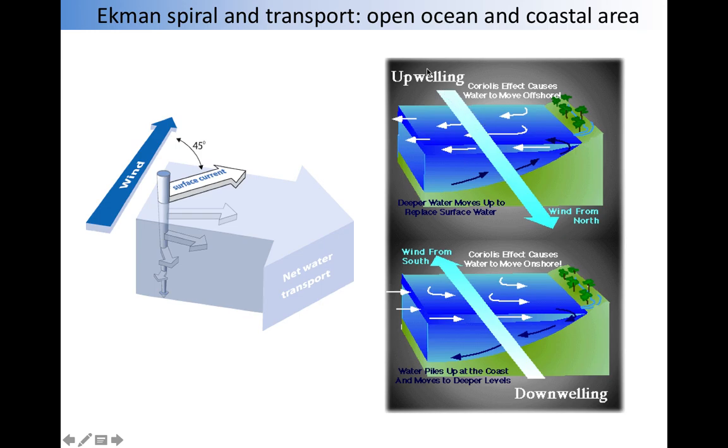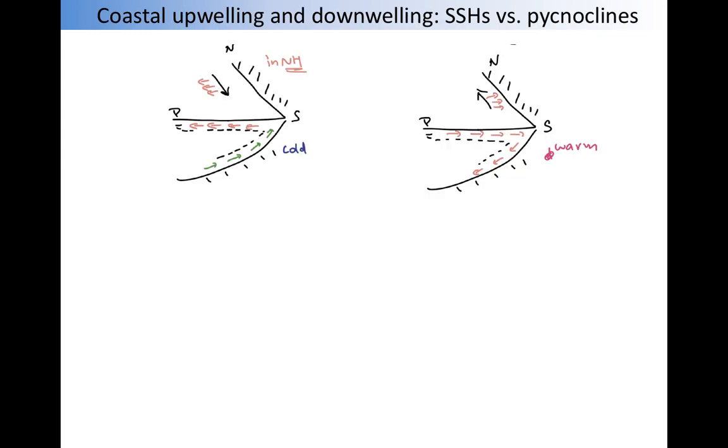If you have steady wind blowing, 90-degree transport will happen. In this layer, the Ekman transport is effectively working here, and by mass conservation, cold, high-nutrient water will be brought to the surface. In the other case, wind blowing in the other direction, Ekman transport pushes the water down. I'm going to look at what happens in coastal upwelling and downwelling in terms of sea surface height and pycnocline or thermocline.